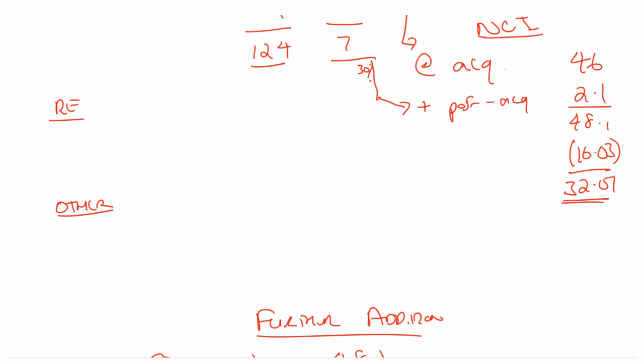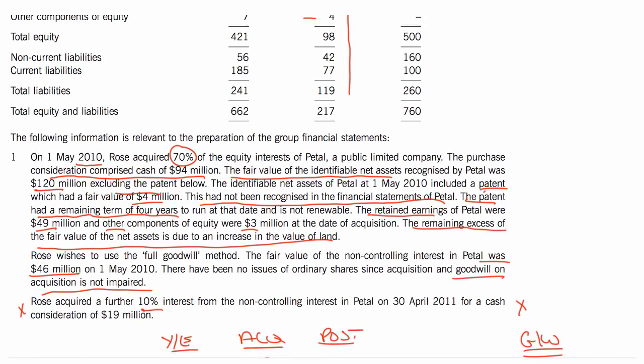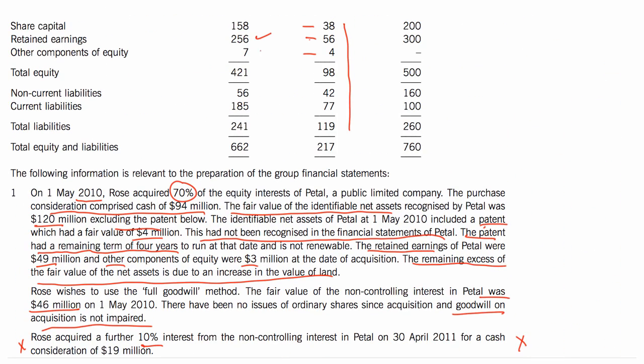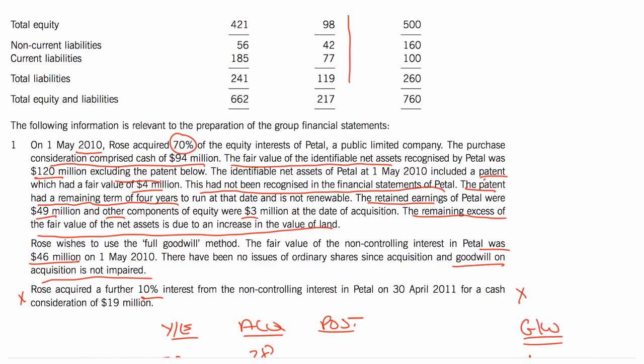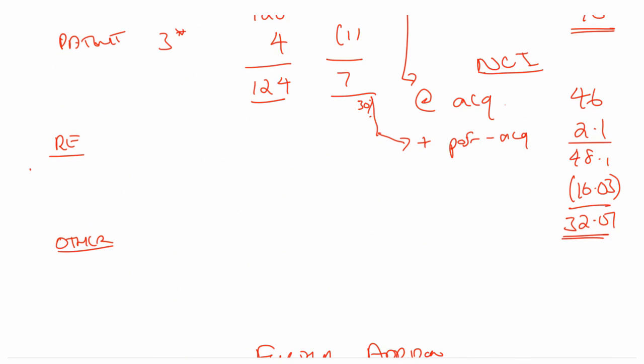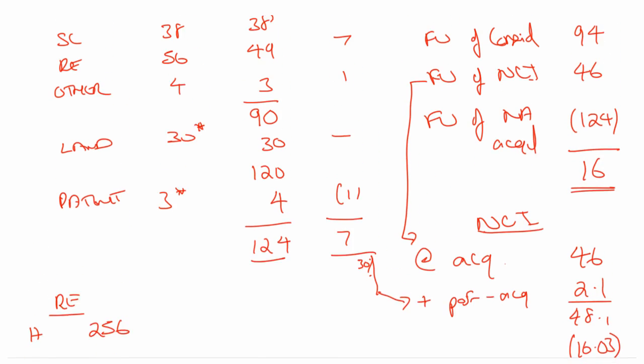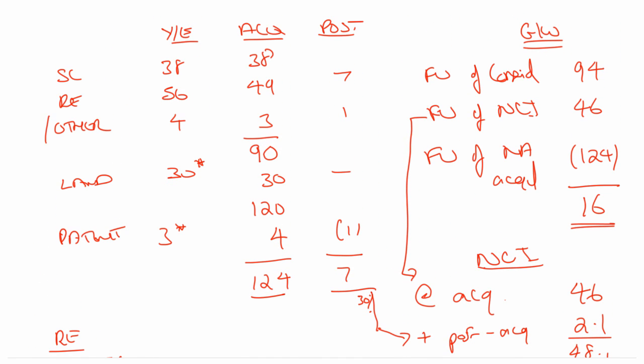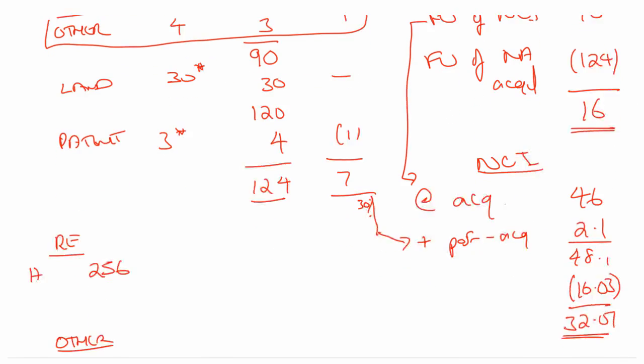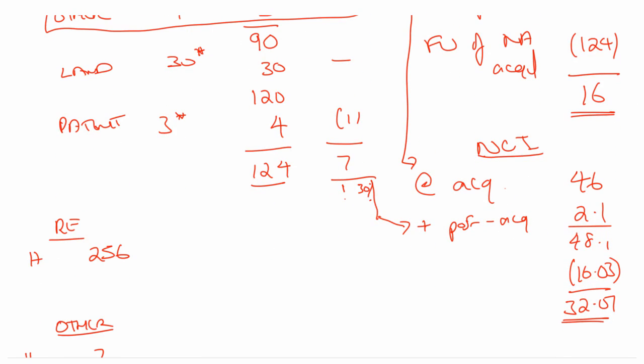Okay, so let's go and put H's figures in first, the easy one. Let's calm down. 2, 5, 6 and 7. So H is 2, 5, 6, H is 7. Now, other, I'm going to do other first. The other reserve is only this 1 here. So out of that 7, I'm going to put 1 here.